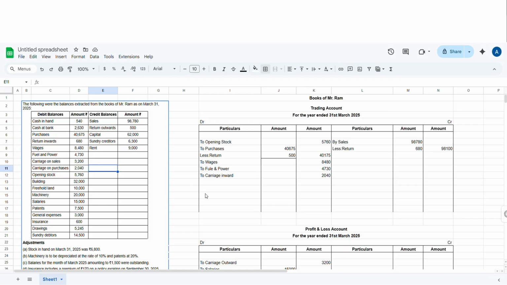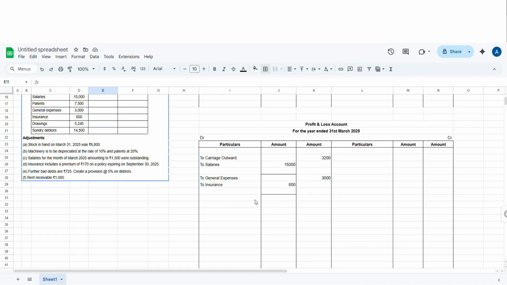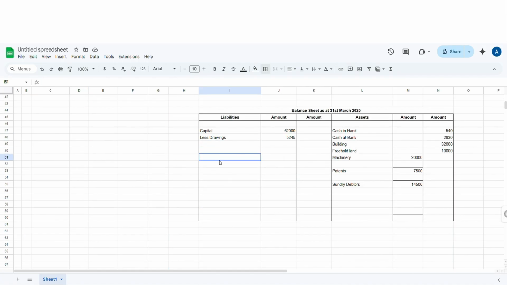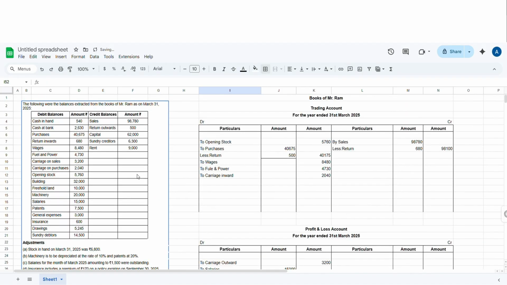Sundry creditors is a liability, balance sheet, liability side. Sundry creditors 6,300.